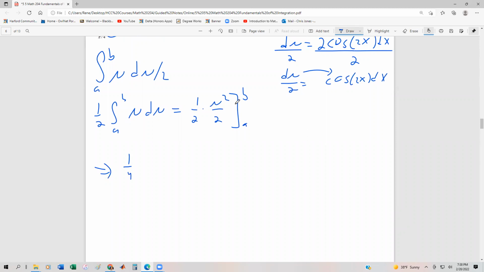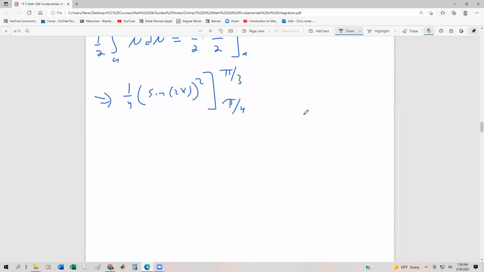We end up with 1/4. Remember that u was sine of 2x, squared. And then we go from pi fourths to pi thirds. We substitute using our fundamental theorem of calculus.